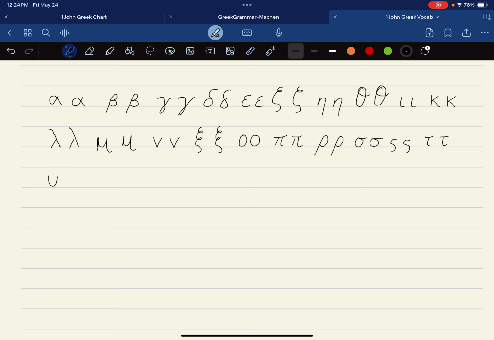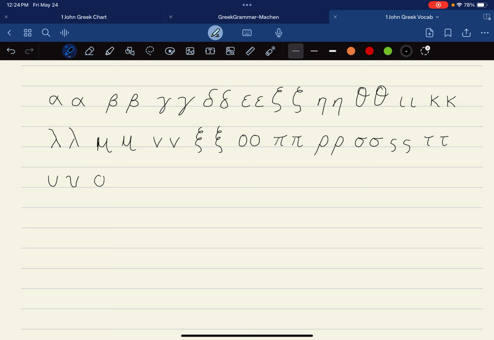You can either write it with a letter just like our letter U, or put a little curly thing on the end, or a little cursive thing on the end there. That's the upsilon.